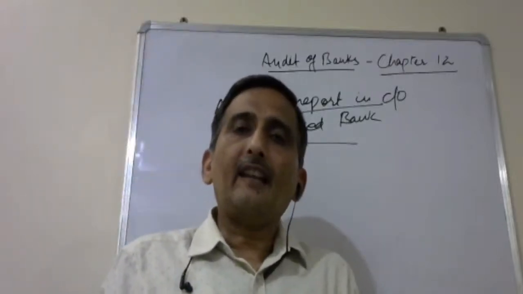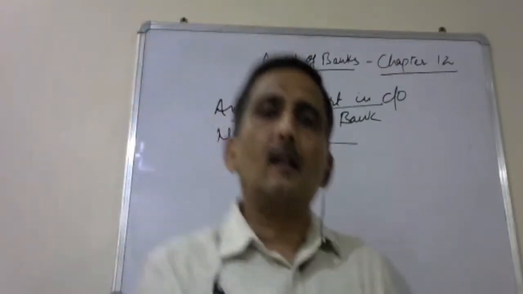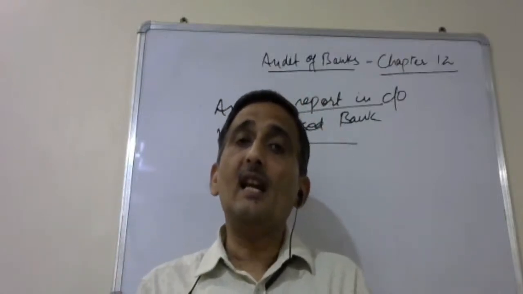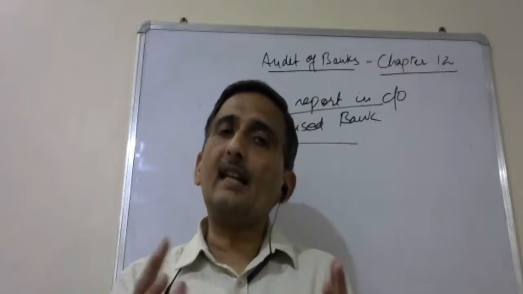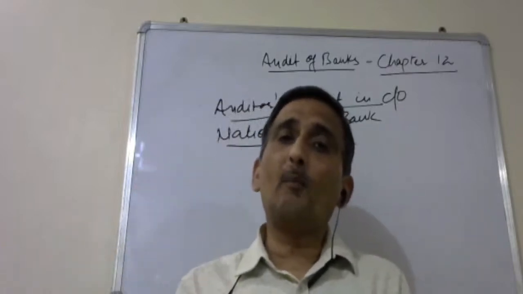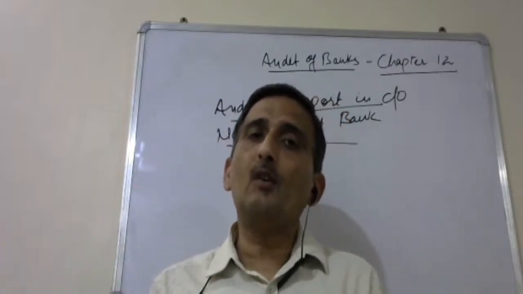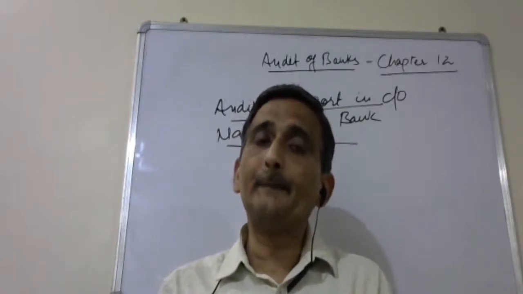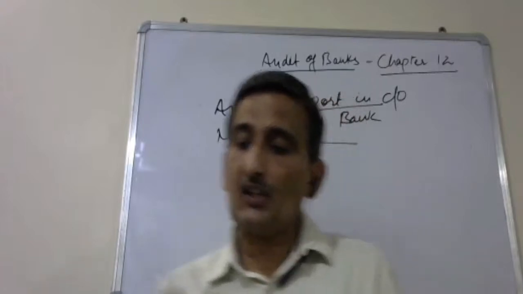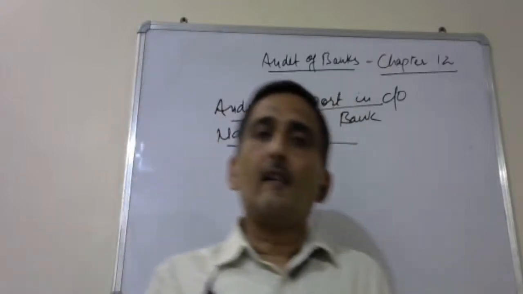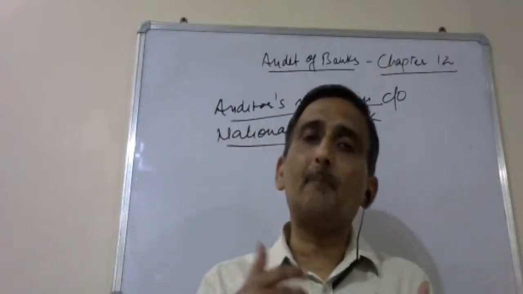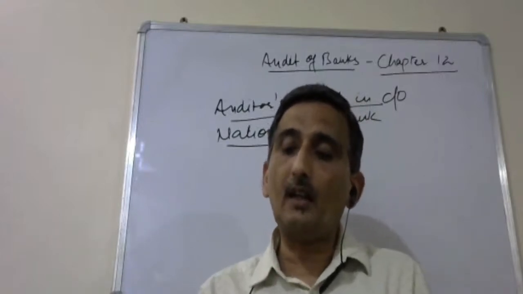Now, as per laws applicable to banks, to the banking industry, the auditor has to state clearly in his report whether the financial statements, in his opinion, give a true and fair view of the state of affairs of the bank. He has also to state whether any transactions which have come to his notice during the course of audit have been within the powers of the bank or not.